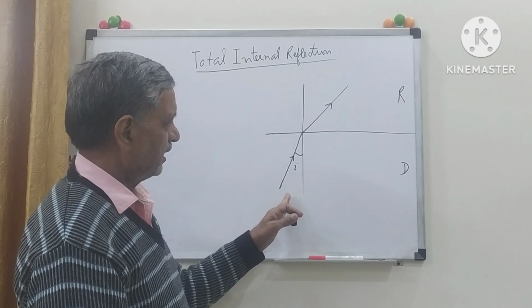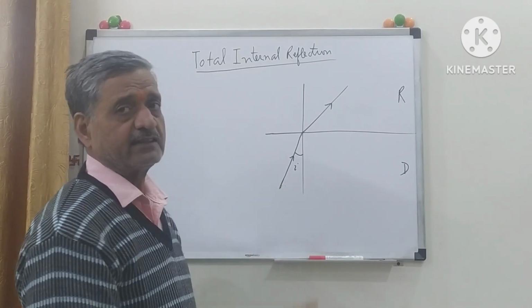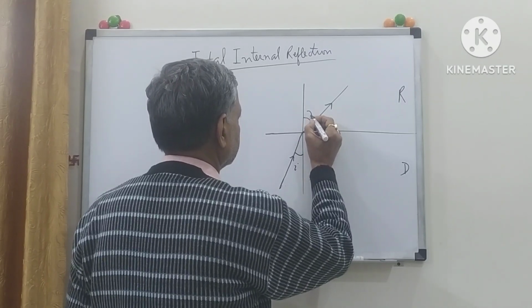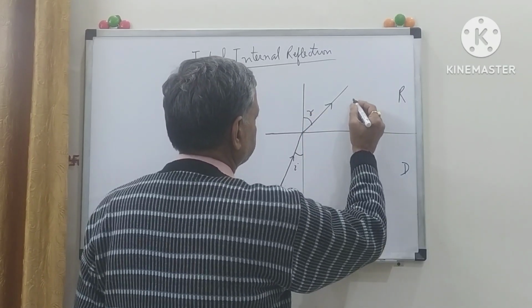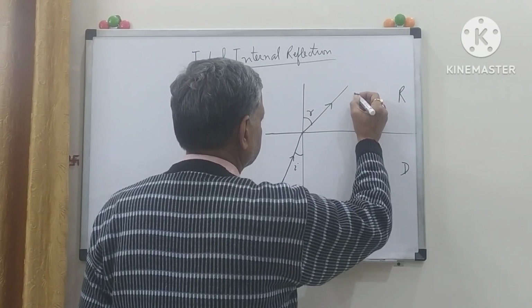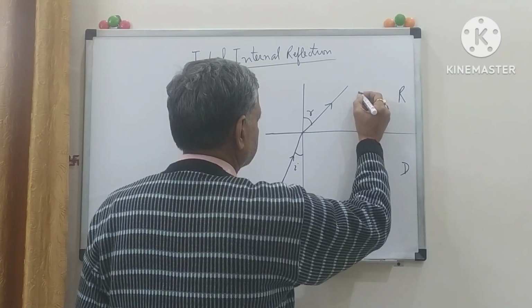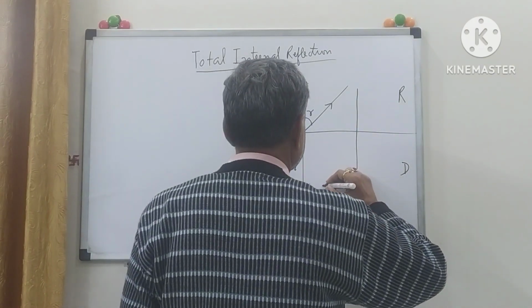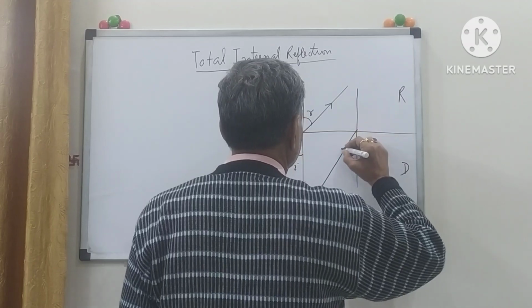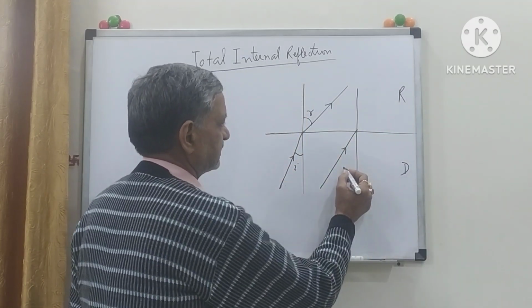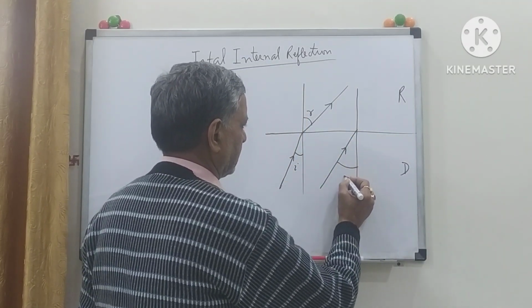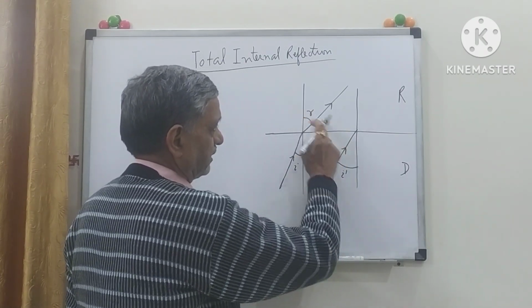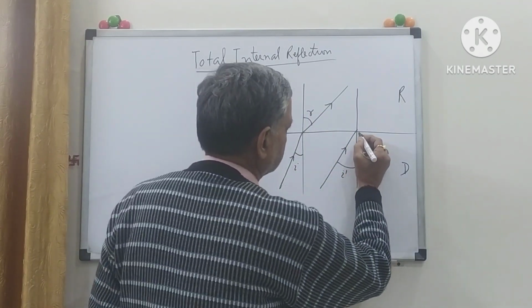Now suppose this angle of incidence increases in denser medium. If the angle of incidence I increases in denser medium, then the angle of refraction will also increase.